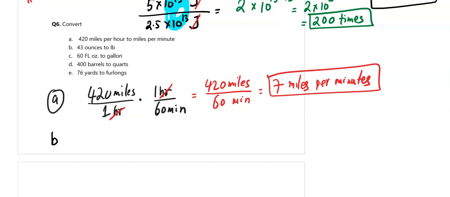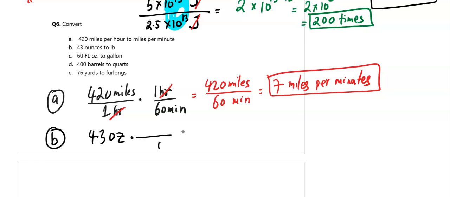All right, for B, 43 ounces to pounds. So 43 ounces, you got to change to pounds, and you have to remember how many ounces equal how many pounds. And again, you are given a table for the conversion. You look at the table, and the table says 1 pound equals 16 ounces.